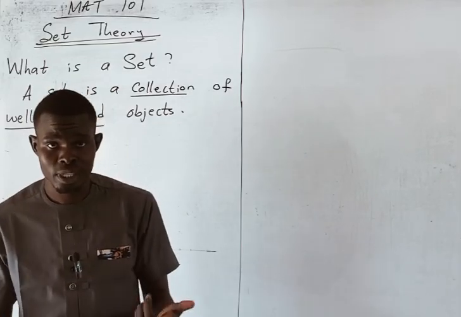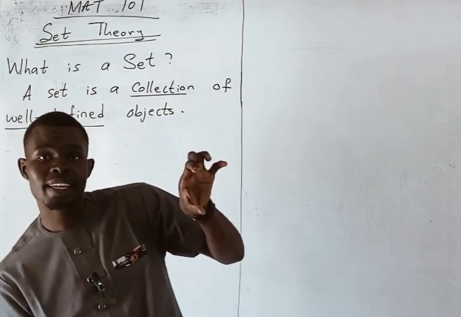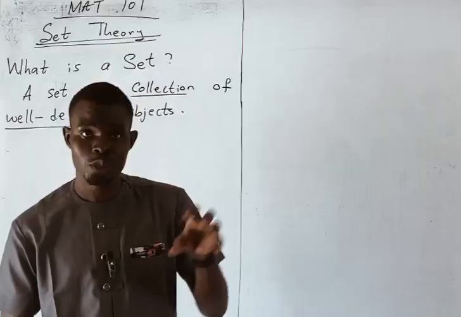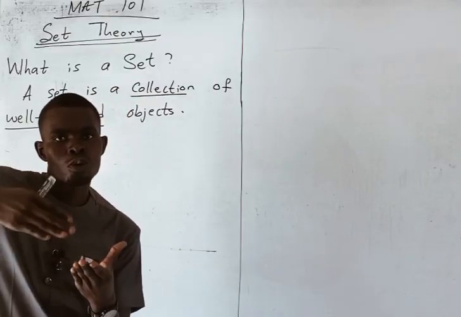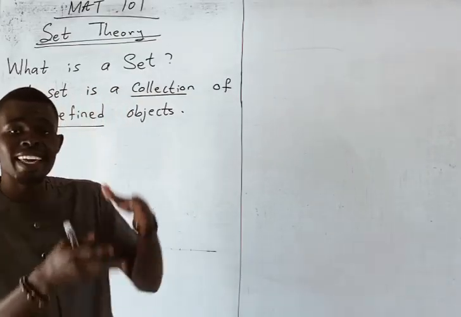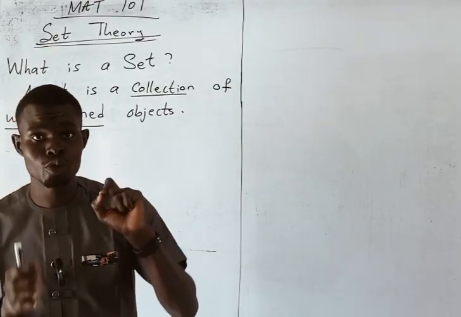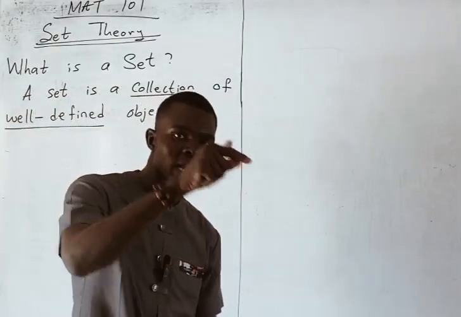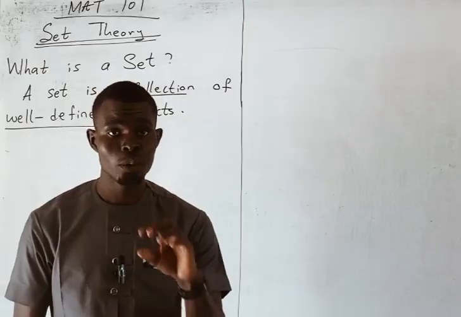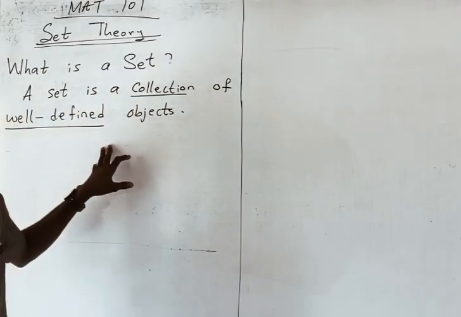Which Toyota Camry? The one with what? With red paint, with red color. So that is how we define that set. And it's been defined explicitly, in the sense that if you see it at first glance, you'll be able to identify this is what I'm talking about. That's the meaning of well-defined.